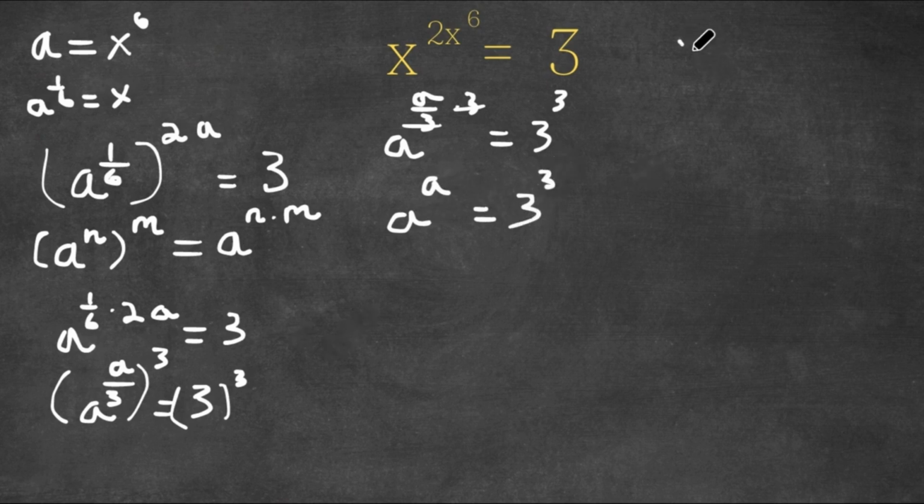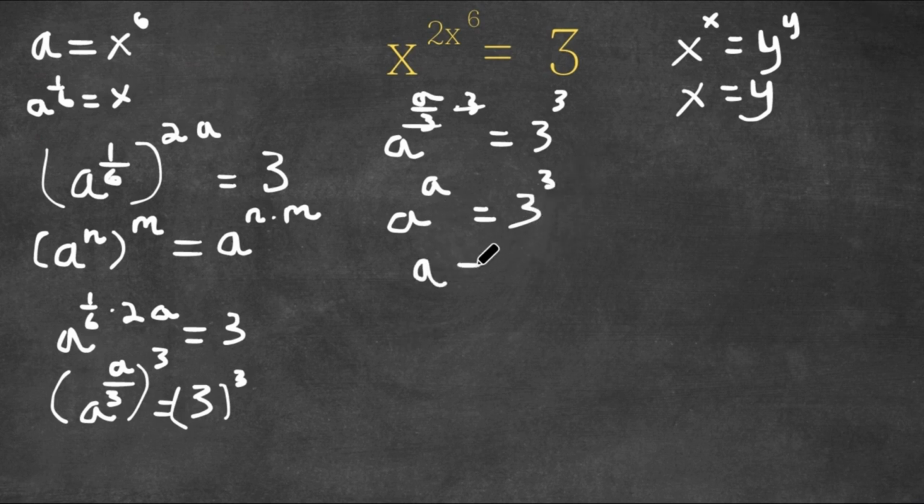Now, if we have something in the form x to the power of x is equal to y to the power of y, then this means that x is equal to y. So let's say a is x and 3 is y. This means that a to the power of a is equal to 3 to the power of 3. Also means that a is equal to 3.